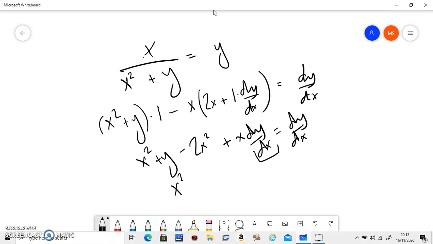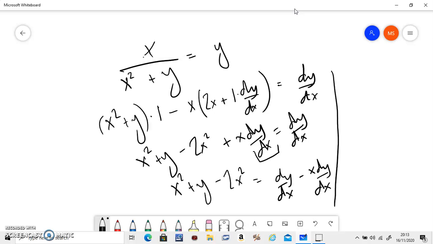You should get x squared plus y minus 2x squared equals dy by dx minus x dy by dx. If you move this to the other side, it becomes a negative. I'll continue here.